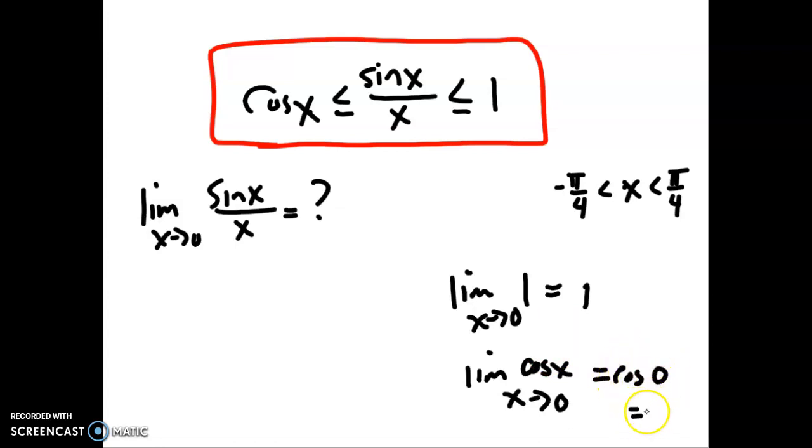It's the same as the output, right? So because the greater function has a limit of 1, and the smaller function has a limit of 1, and our function is squeezed in between them, then by the squeeze theorem we can say that the limit of sine x over x as x goes to 0 is 1.